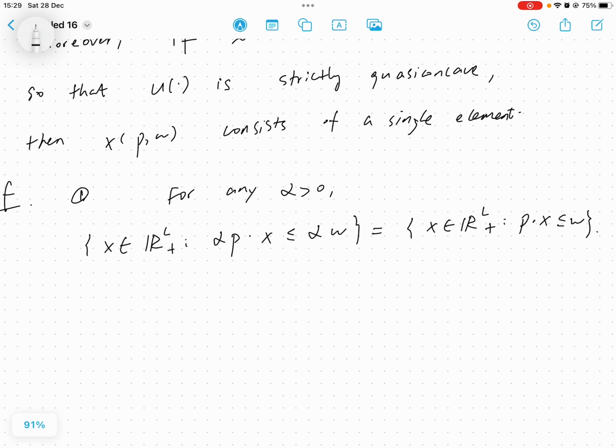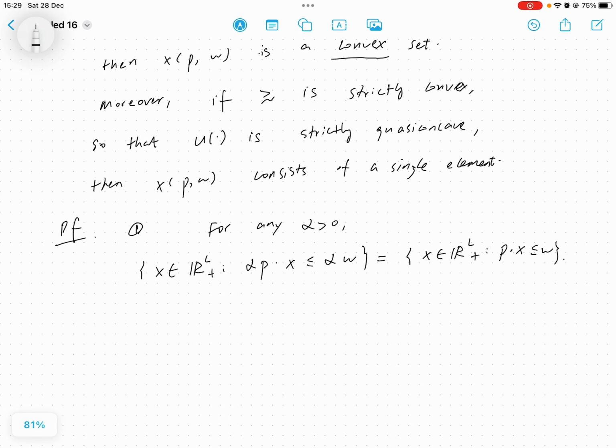Okay. And so that means the set of feasible consumption bundles in the UMP doesn't change when all prices and wealth are multiplied simultaneously by some positive number alpha. So the UMP solution, this x, has to be the same in the two cases.